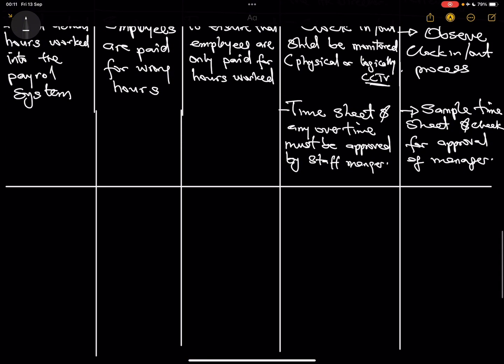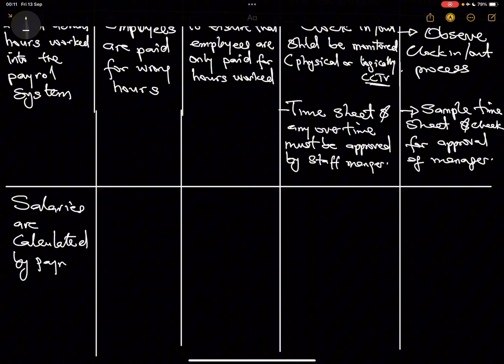Right. Now it's time for the computer to calculate the payroll, and that's the next stage. Salaries are calculated by the payroll system, the payroll computer. And what could go wrong?